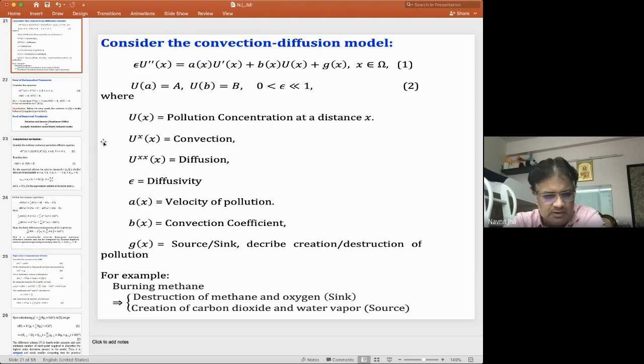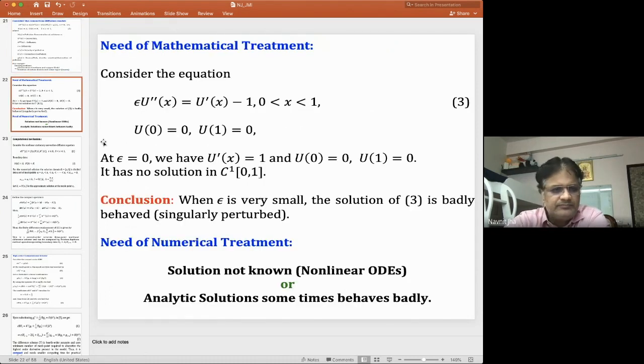One example of source and sink: if we burn methane, destruction of methane and oxygen contributes towards the sink, and creation of carbon dioxide and water vapor constitutes the source. Now, why do we need mathematical analysis of such an equation?